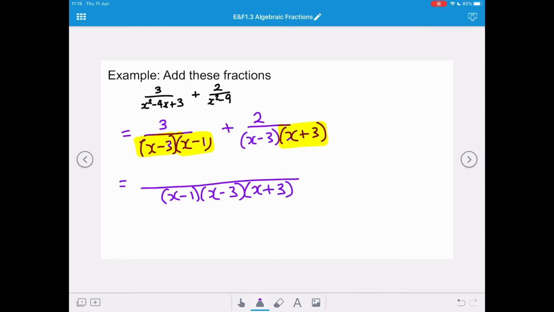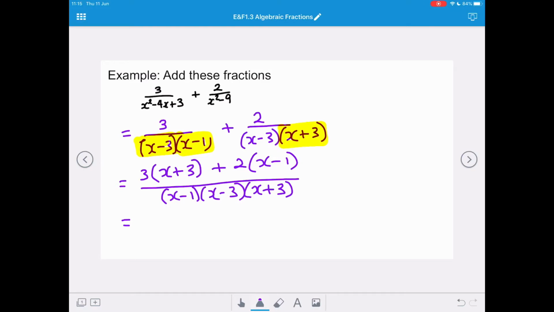Remember, we don't include that repeated bracket. Then, in order to convert the first fraction, we need to multiply that by the extra bracket, which is the x plus 3 bracket. So it's 3 upon x plus 3. And we're going to convert the second fraction by multiplying it by the x minus 1 bracket. So it's 2 upon x minus 1.